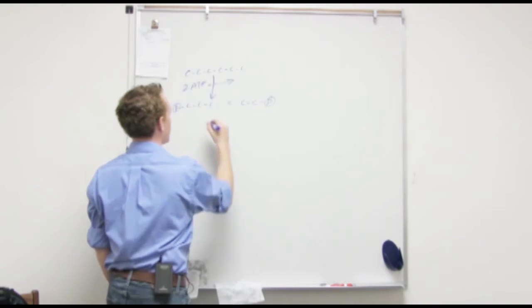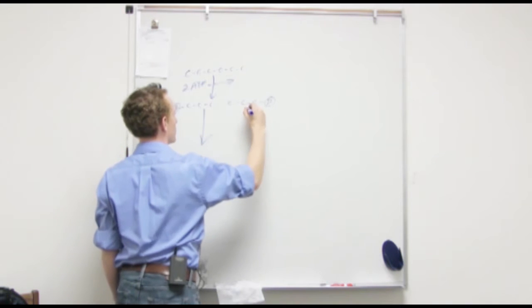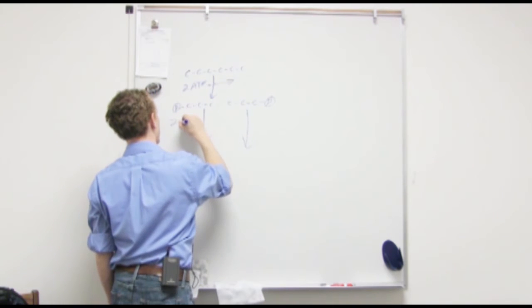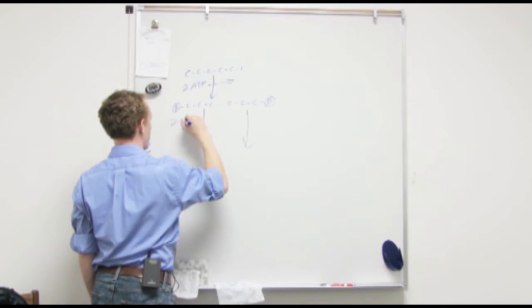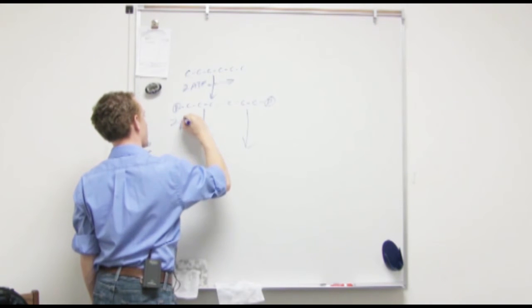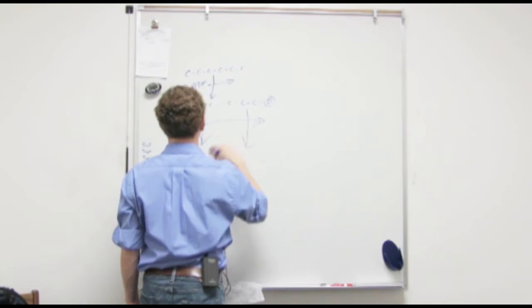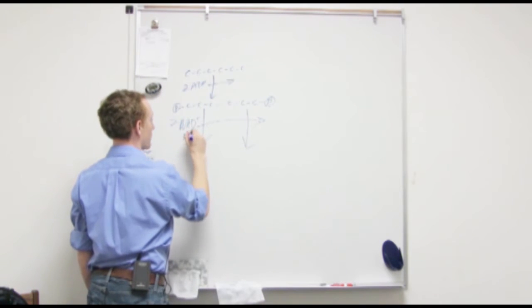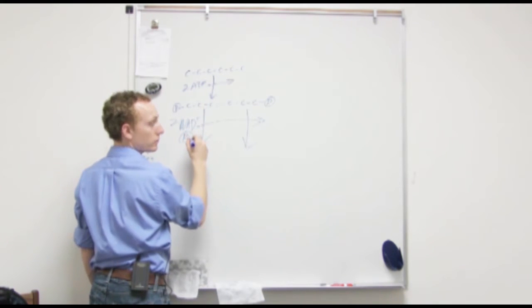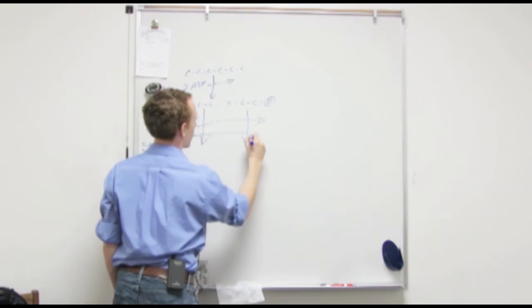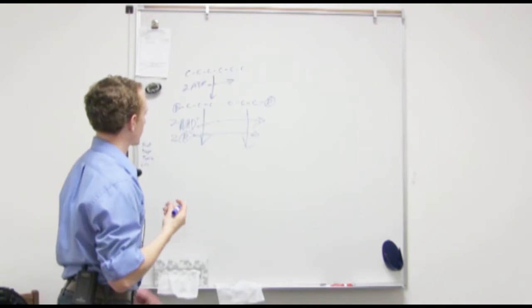Mm-hmm. And then you got 2 NAD plus, and it forms into 2 NADHs. And came in at the same time were 2 phosphates. Okay. Because you had to use energy or the ATP for that, right?